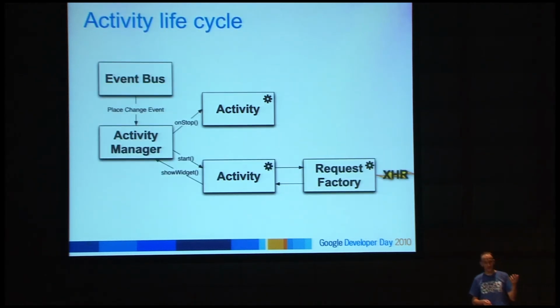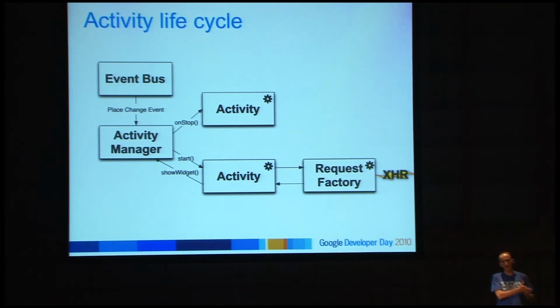We still have the event bus, but we have this new thing called the activity manager. It is kind of the orchestrator. It's the thing that can take a new activity and shut down an old activity and put it in place. So what happens? Let's say the user clicks on an edit button to edit an employee record. The activity manager will first call the onStop method on the existing activity.